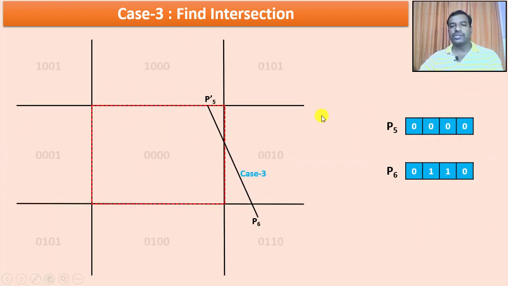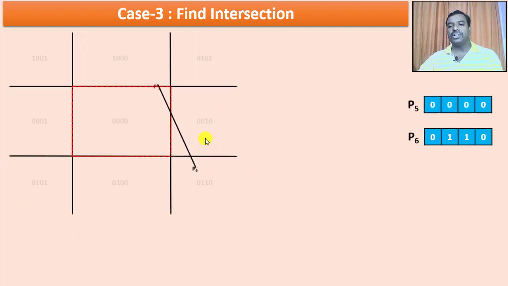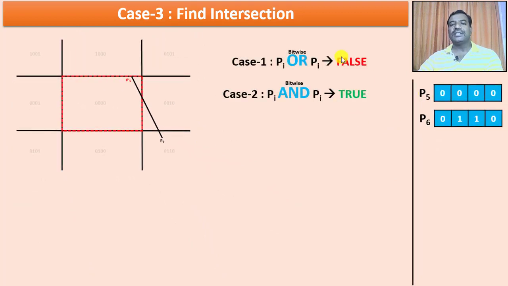Once you get a new line, again you need to recompute the region codes. The region code for P5 has been updated now. The region code for P5 was 1000. Now it has been updated to 0000. That means it is within the region. So now we will do the same operation. Now check the case 1.